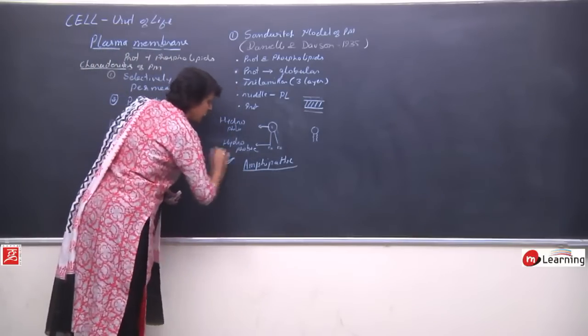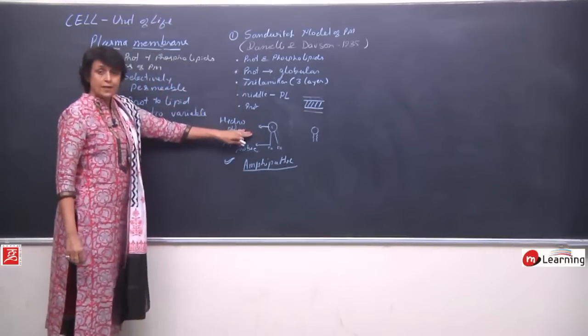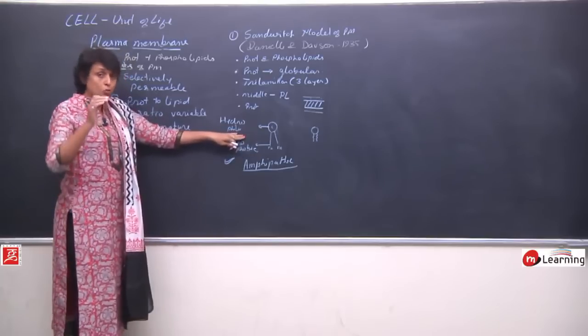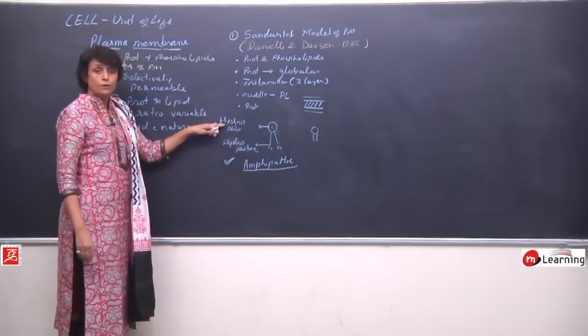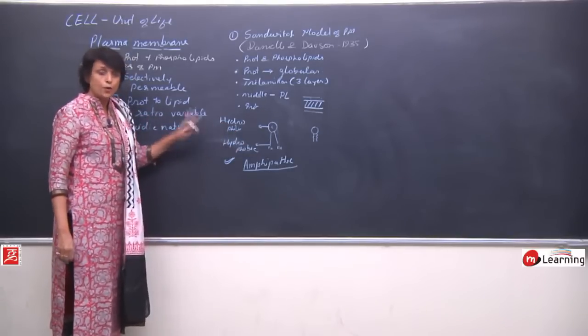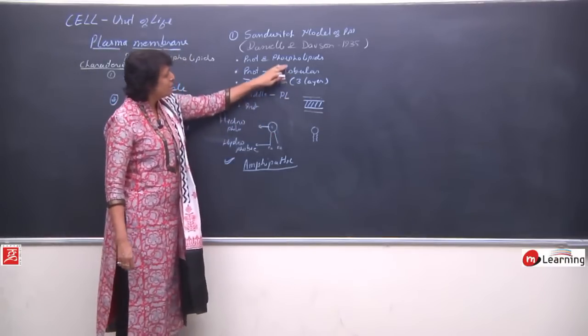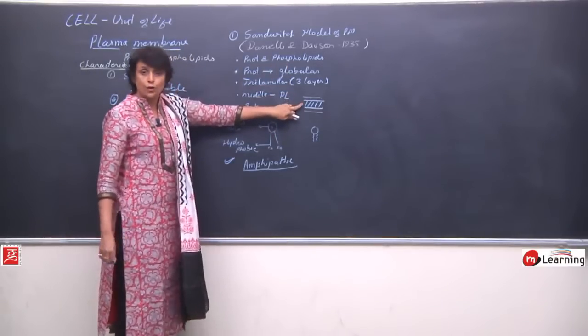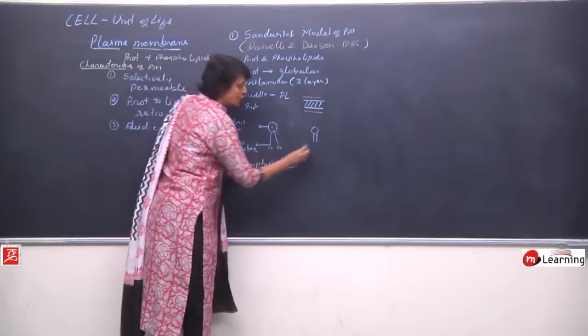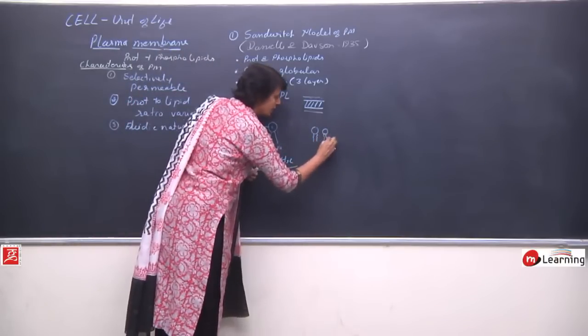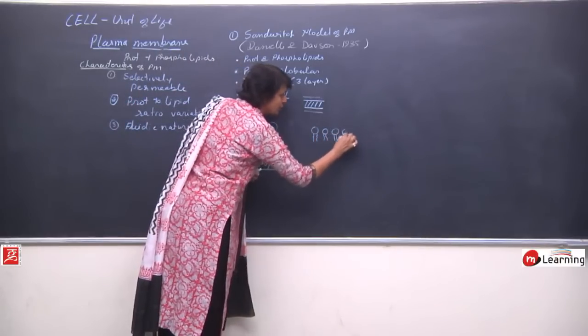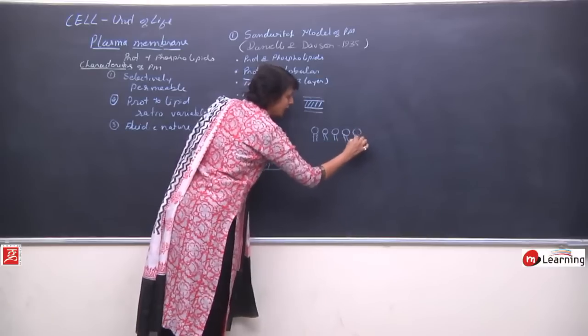This is very, very important. What is amphipathic? One molecule having 2 ends. One is hydrophilic and the other is hydrophobic. Now according to the structure, this middle layer that we are talking about is made up of phospholipid molecules, and these molecules are arranged in 2 layers.